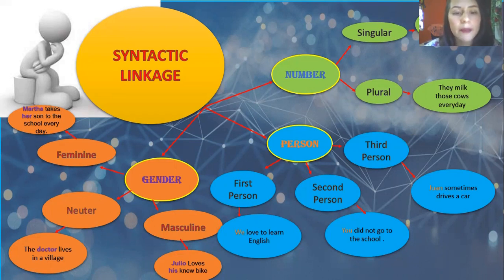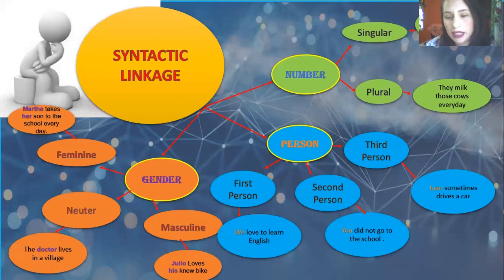The second person, which are those being spoken to, like you. And also the third person, which refers to everybody else we talk about, like he, she, it, or they.